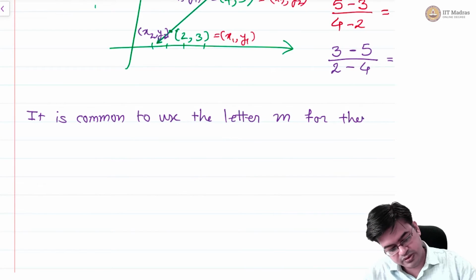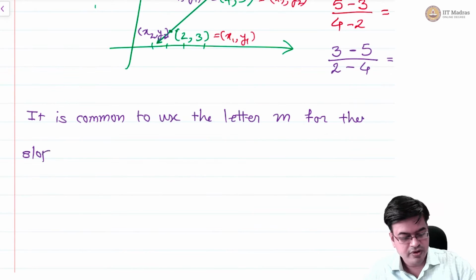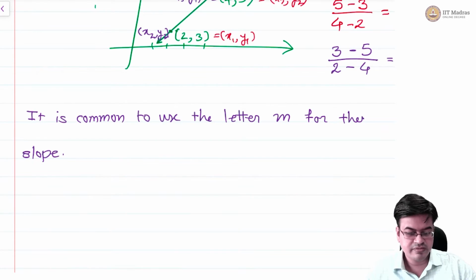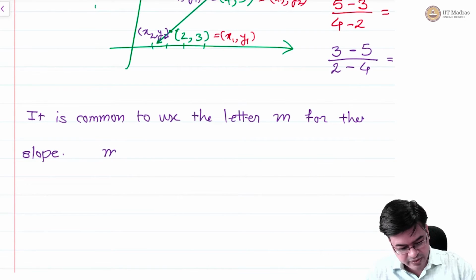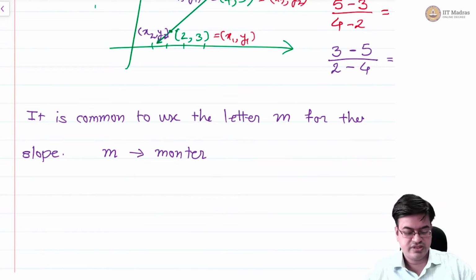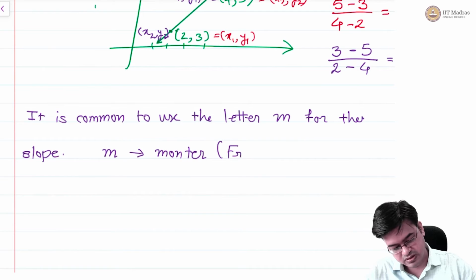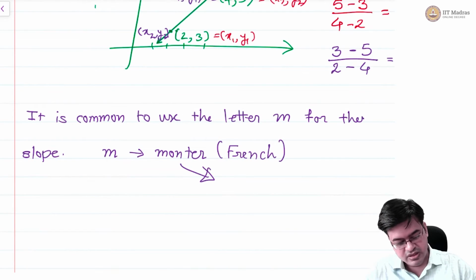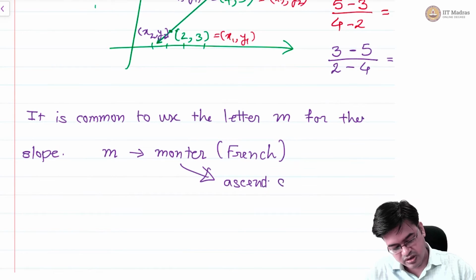Why is it common to use the letter M for the slope? The answer is very simple, because the letter M that we denote is derived from the word monter in French. This is a French word, and the meaning of this is to ascend or rise.